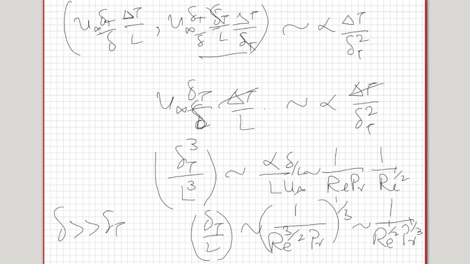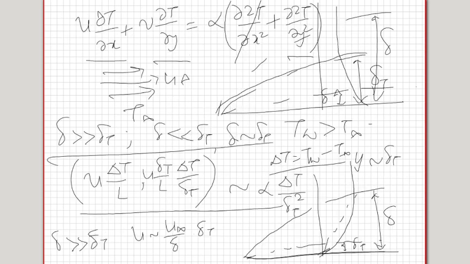The other case is when delta T is much greater than delta. We'll find that the equation that we started with, this u delta T by L and u delta T by L into delta T by delta T, these two are of the same order then.